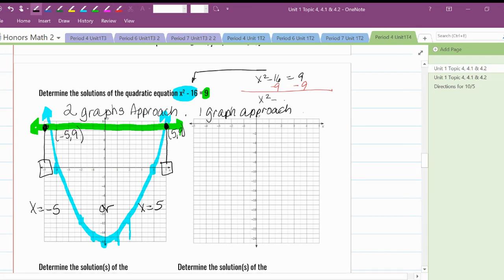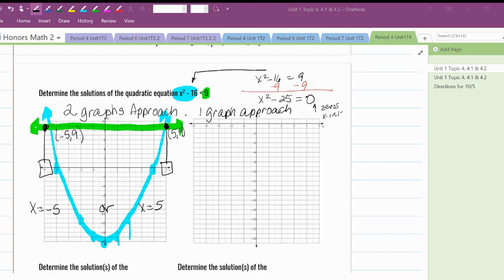So now I am looking at solving the equation x squared minus 25 equals 0. So now this is the only graph I'm going to put in my grapher. I don't have to put 2 and look for an intersection. I'm going to put in 1 and look for zeros or those x-intercepts.